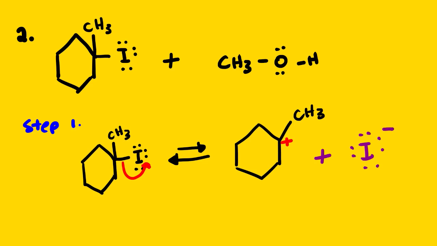Then step number 2 is when the nucleophile will attack our carbocation.